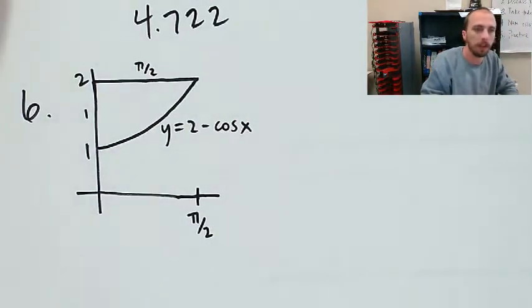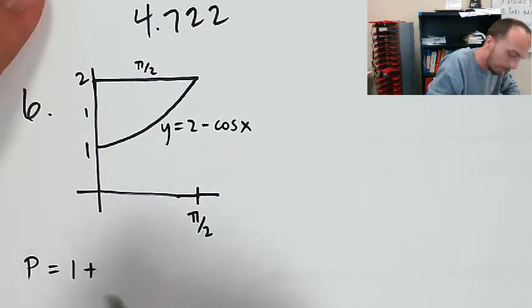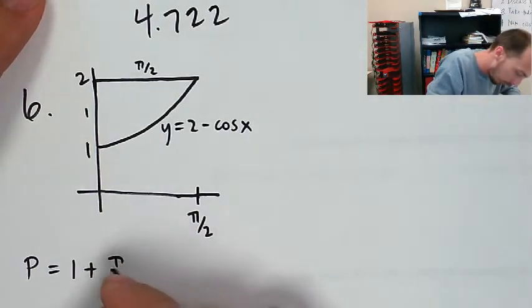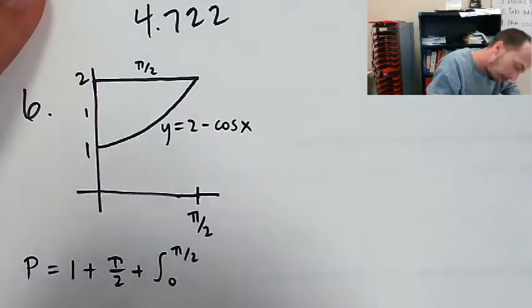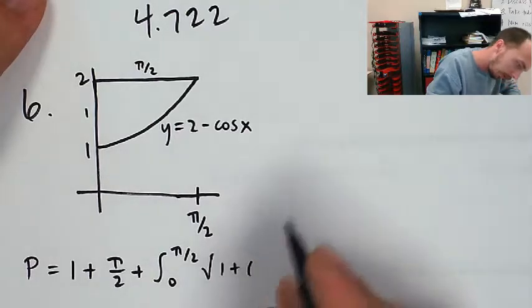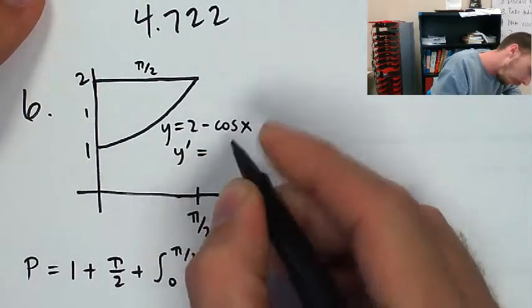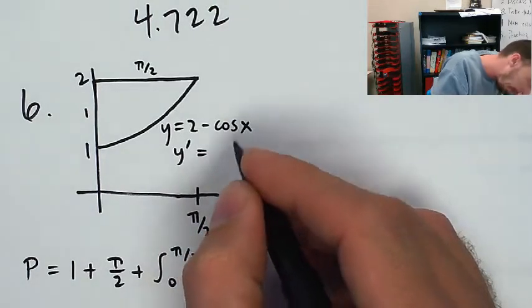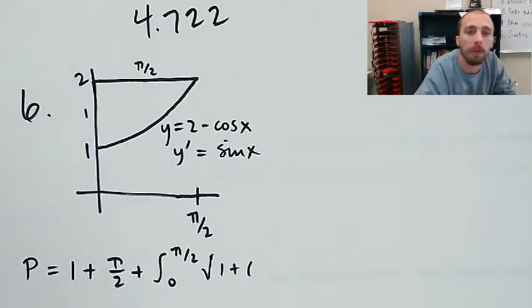And so I'm going to say that my perimeter is 1 plus pi over 2 plus the integral from 0 to pi over 2 of the square root of 1 plus some type of thing squared. So dy/dx is y prime equals positive sine of x, because the derivative of 2 is 0, and the derivative of cosine of x is negative sine of x.